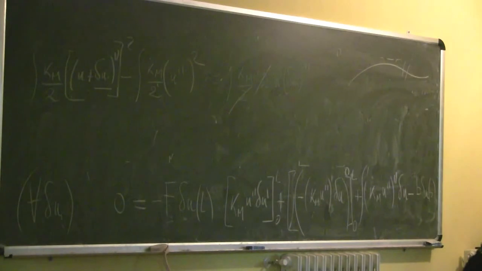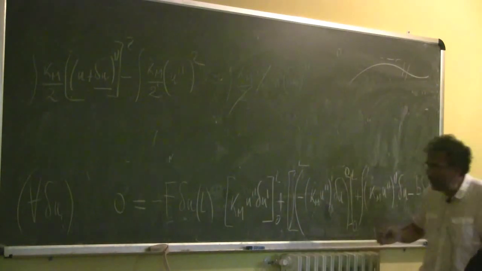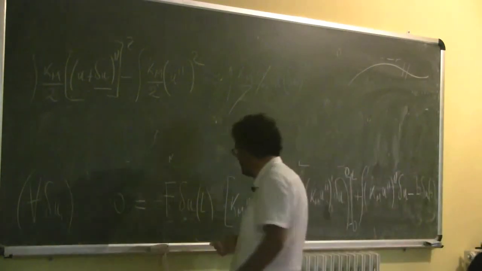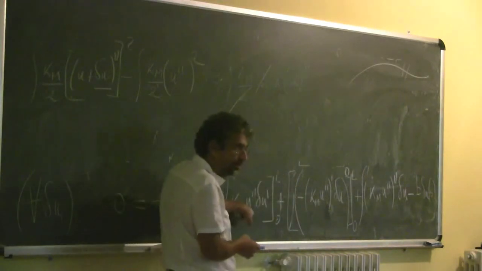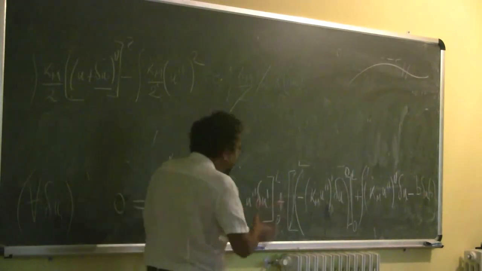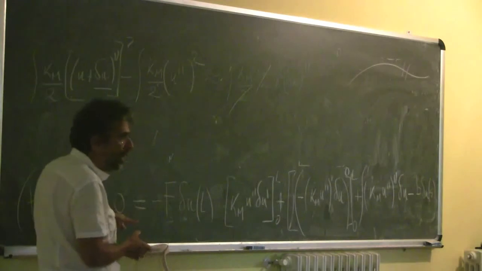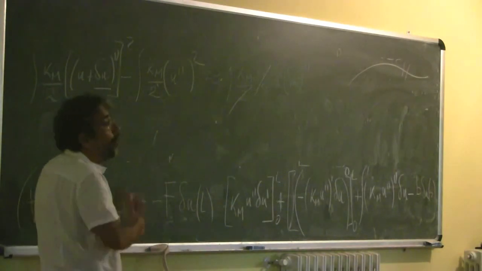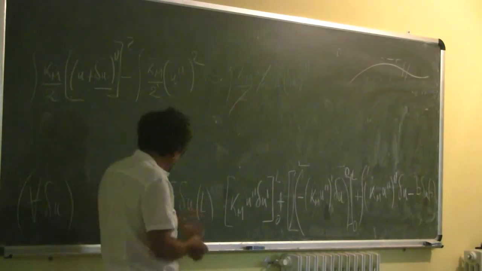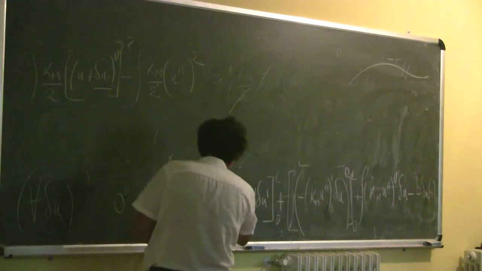So the equilibrium shape U must verify this equality to 0 for every variation delta U. Here I have a plus, of course.